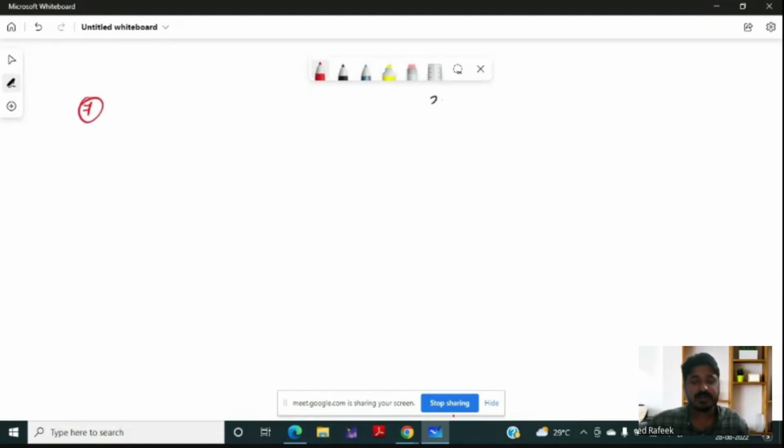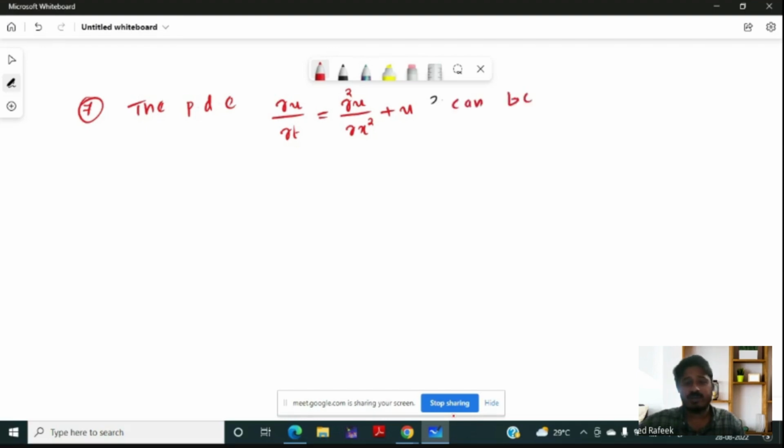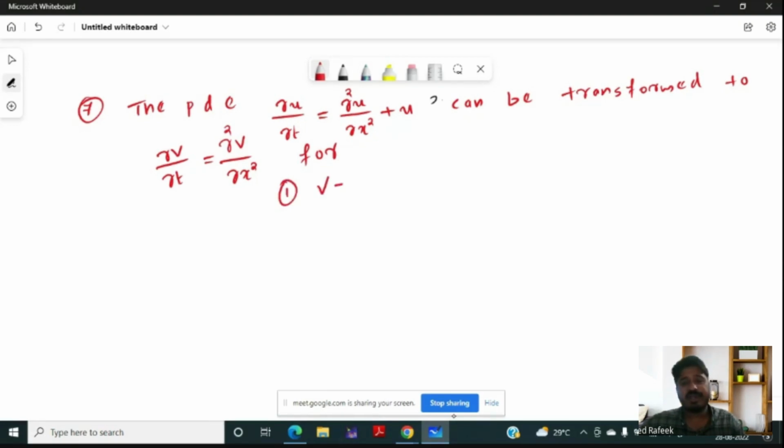Seventh question. The PDE dou u by dou t equal to dou square u by dou x square plus u can be transformed to dou v by dou t equal to dou square v by dou x square for: option 1, v equal to e raised to minus t into u.